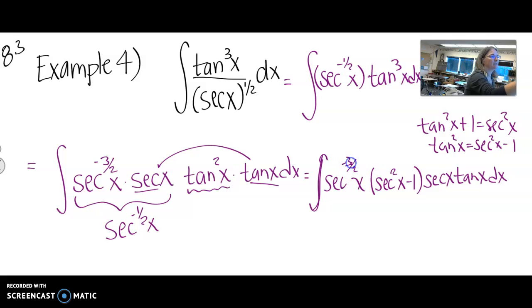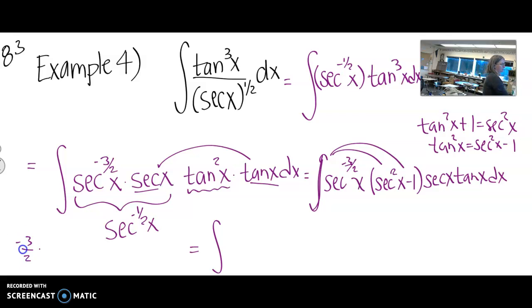Now if I distribute the secant to the negative 3/2 through here, I'm going to add your exponents, negative 3/2 plus 2.